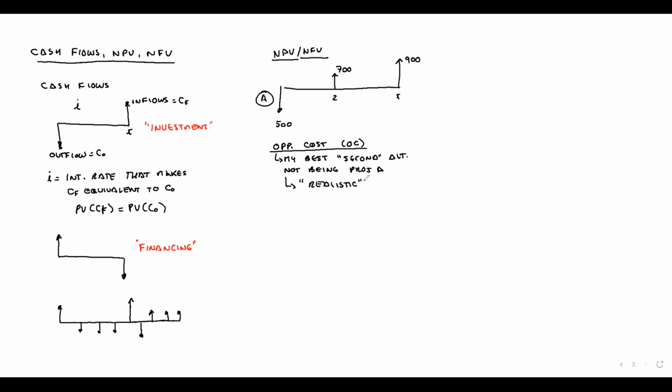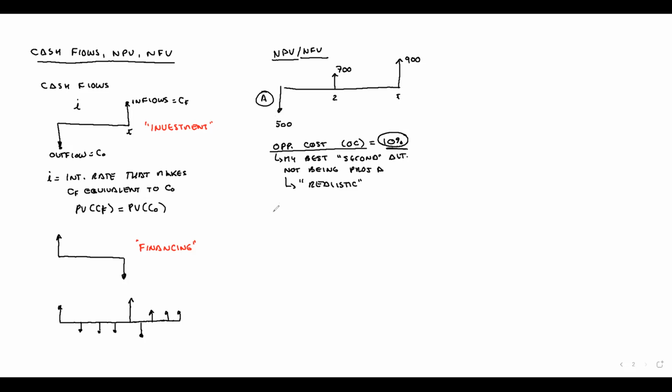So just for this example, let's assume that my opportunity cost equals 10%. The meaning of this is that if I don't do this project, I will have this $500 invested at 10%, for sure. So this $500 is going to make 10% per period.